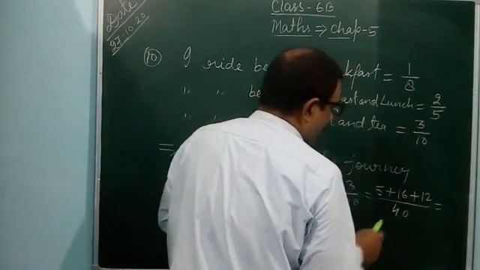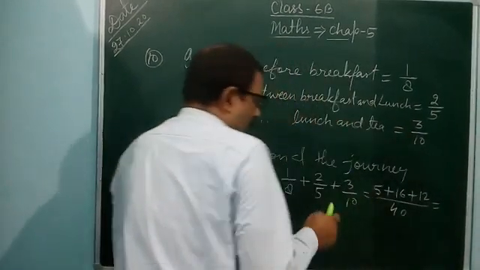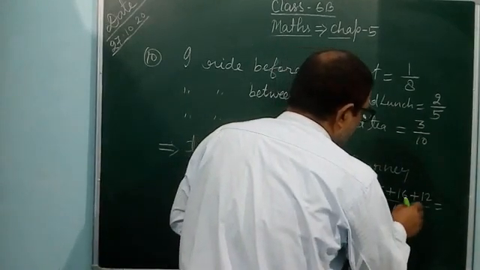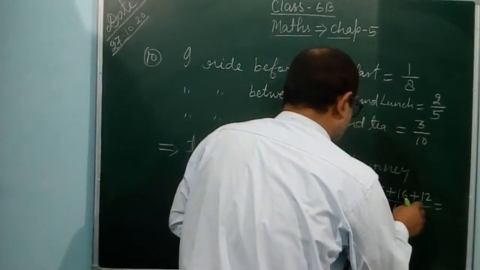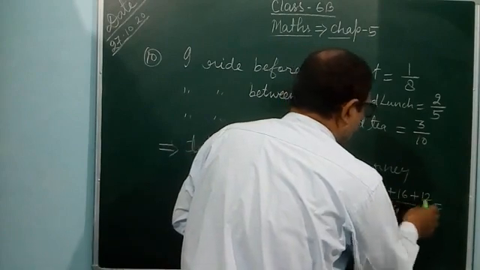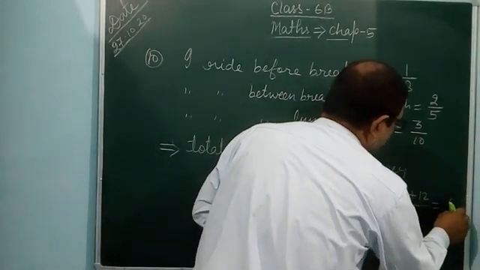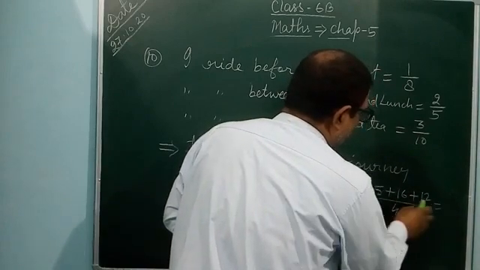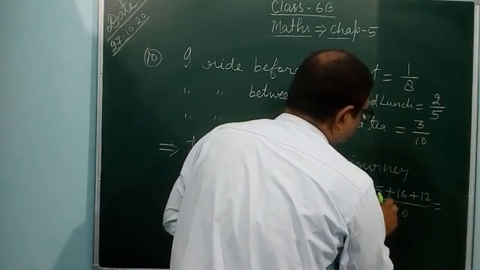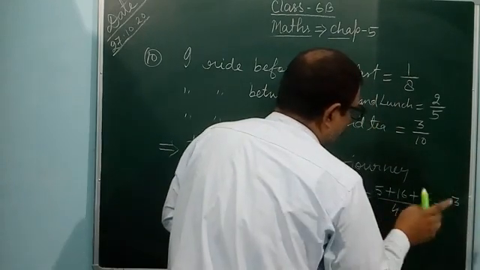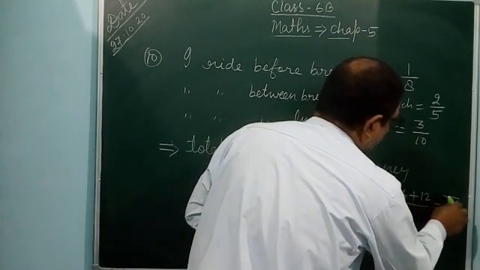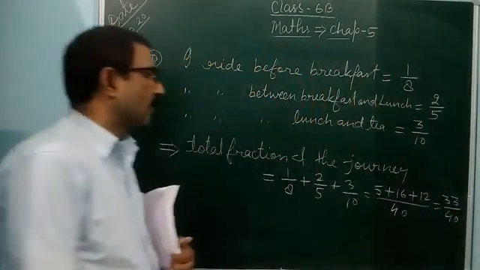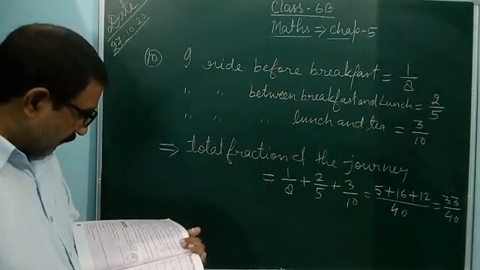After that you can add together 5 plus 16 plus 12: 2 and 6 are 8, 8 and 5 are 13, 3, 1 carry, 1 and 1 is 2 and 1 is 3. That is 33 by 40. This is the total fraction, 33 by 40.